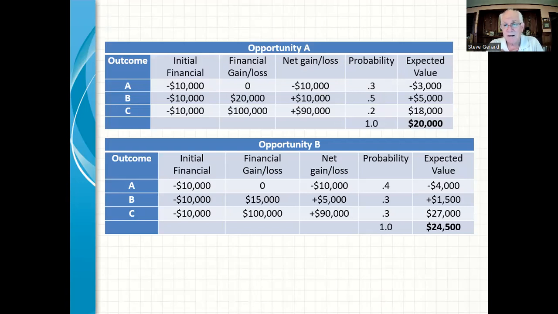I look at opportunity B, a 40% chance of losing my $10,000, and go, boy, I don't like that very well at all. So even though opportunity A doesn't pay off as well, I have a smaller chance of losing everything, and I might end up going that way.